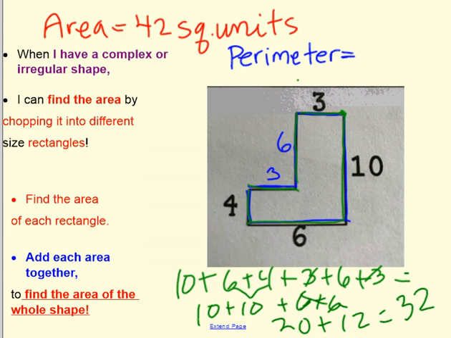Now, if they're writing the perimeter, they're not going to write square units. Perimeter is the measurement of the outside, and you could use a ruler or a measuring tape. It is the outside, so they are straight lines with rectangles and with a shape like this. So it is 32 units. And you can say that the perimeter and the area are 2 different measurements.